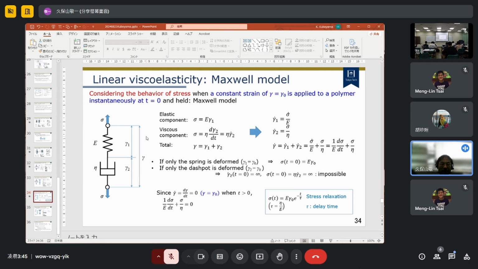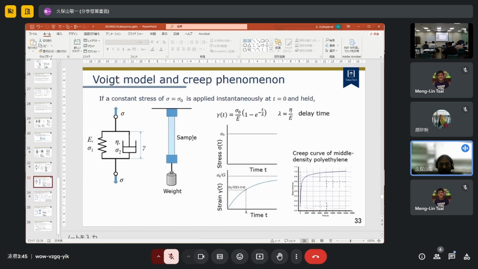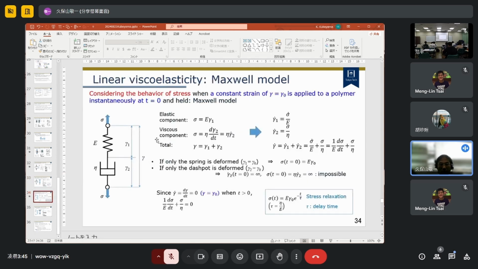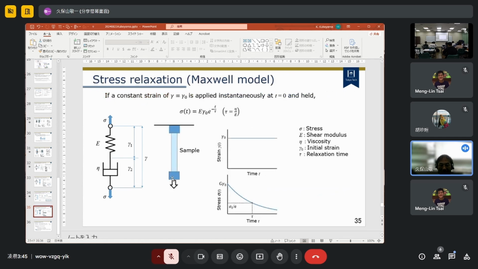The Maxwell model is used for considering the stress behavior when a constant strain is applied to the polymer. Previously, we thought about applying the constant stress to the film and the strain of the film after that. But now we think about the stress behavior when you apply the constant strain at time equals 0.